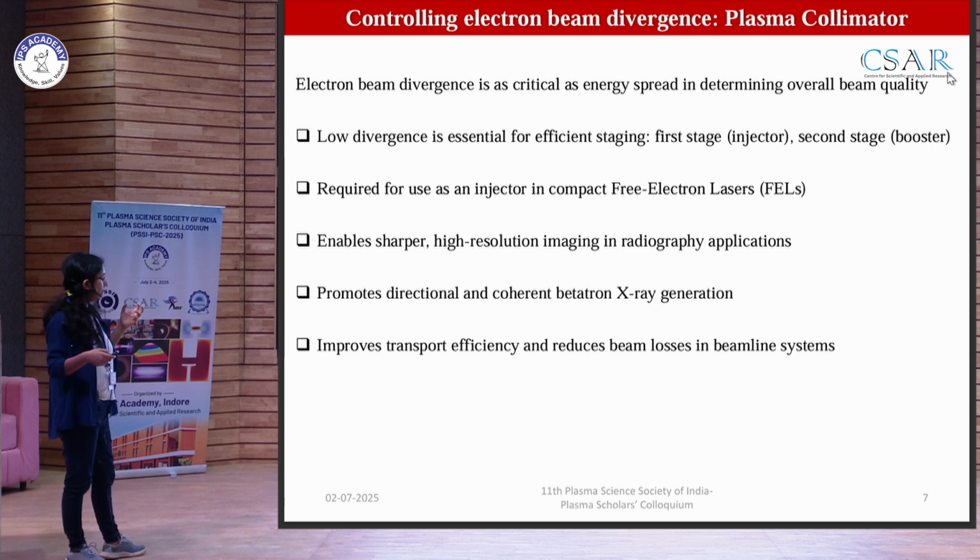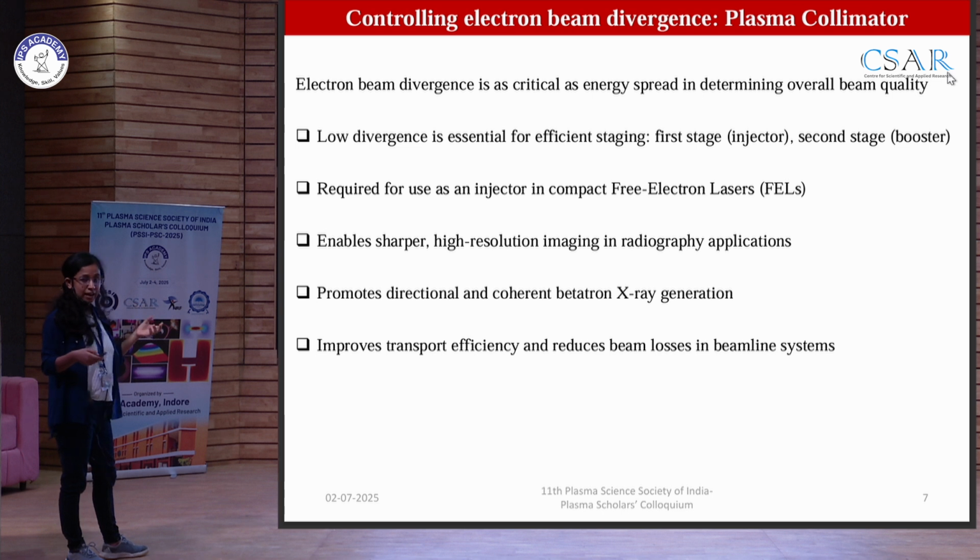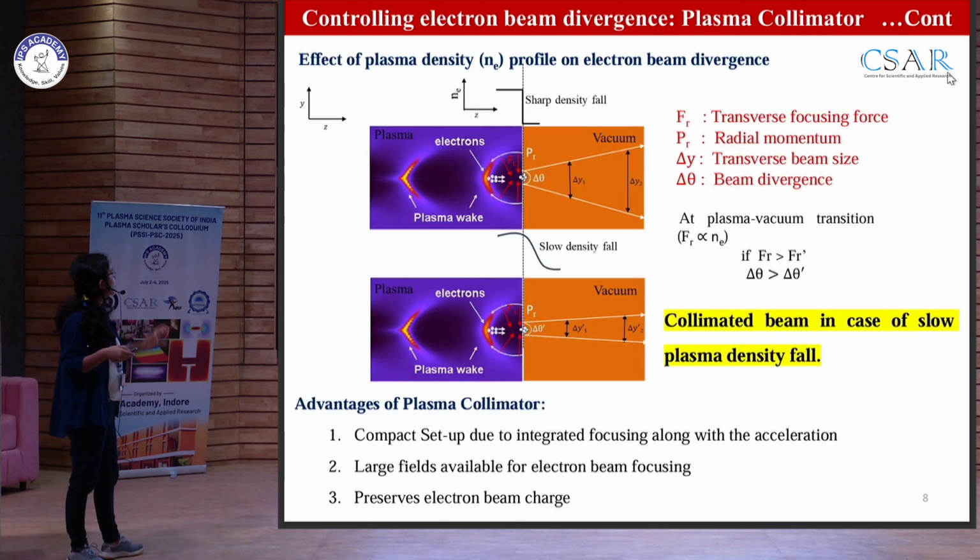Next, if we want to inject the electron beam in the FEL, we also need a low divergence electron beam, at least less than 1 milliradian. A low divergence electron beam also enables high resolution imaging in radiography applications. It promotes directional and coherent X-ray generation, and it improves the transport efficiency and reduces beam losses in beamline systems. So how can we control the electron beam divergence?